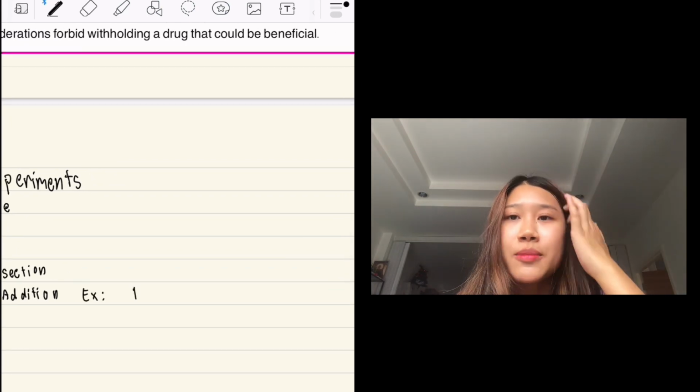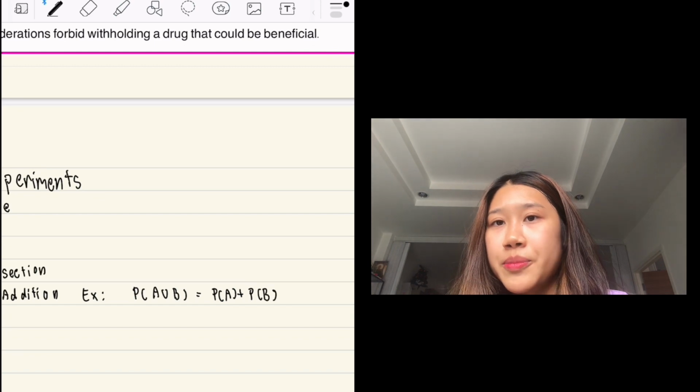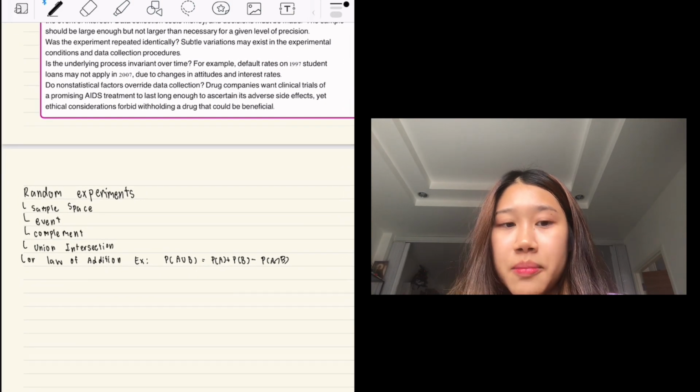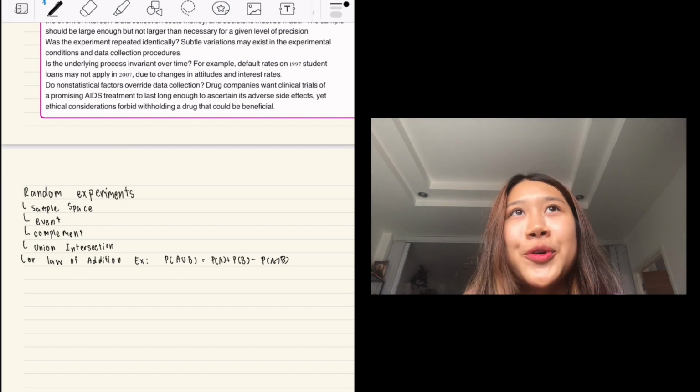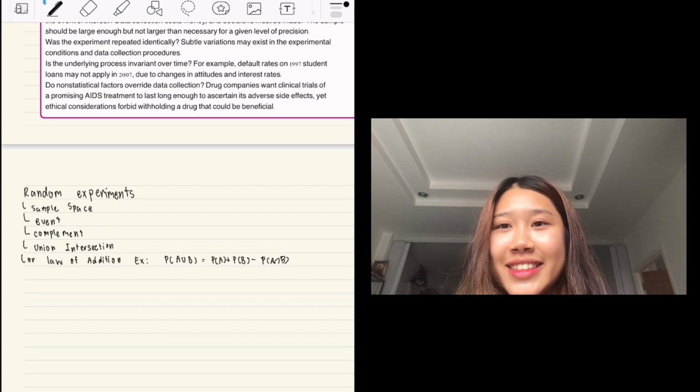So for example, the probability of A union B equals the probability of A plus the probability of B minus the probability of A intersection B. It is a memorable formula for us in the probability lessons.